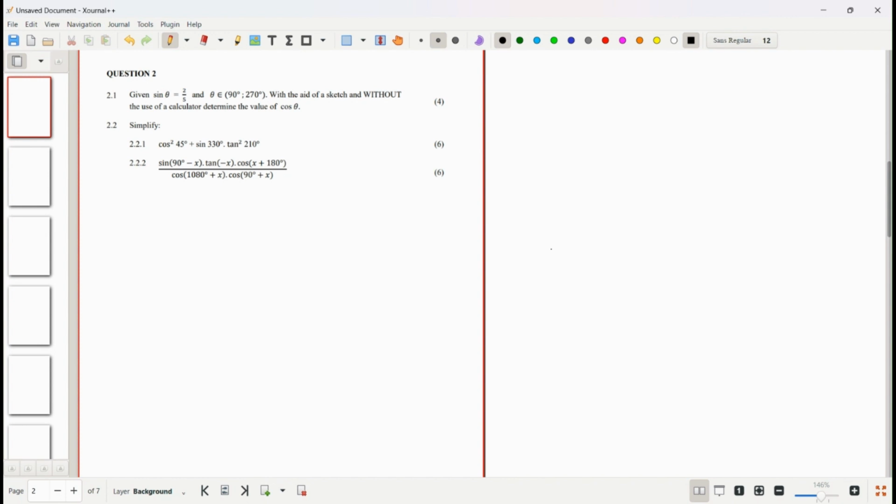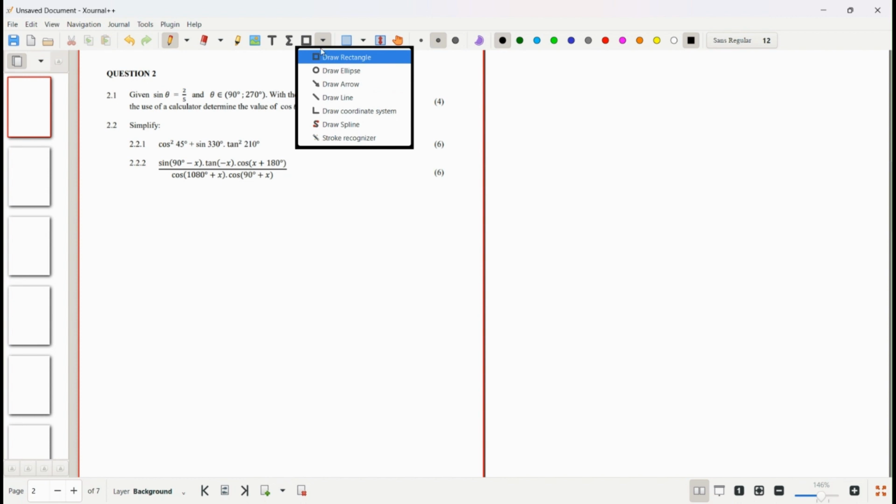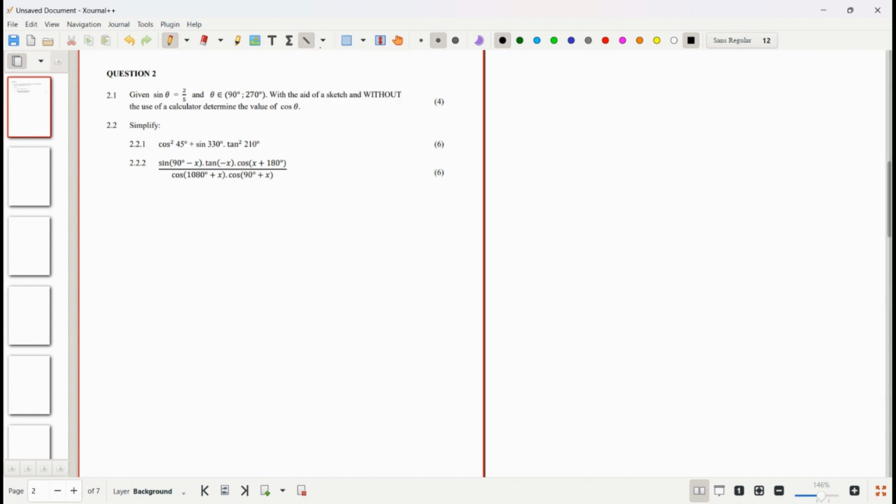This is very important for you to note. When you draw your CAST, you need to draw your CAST first. I'd suggest that the first thing before you solve this equation, you need to draw your CAST, right?